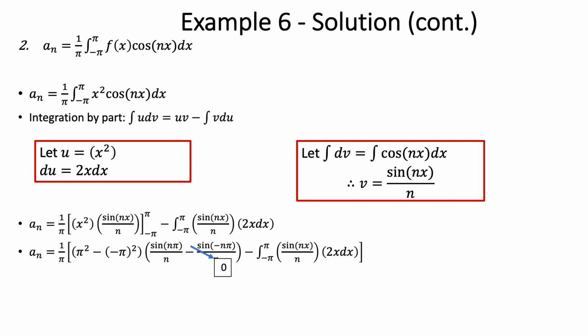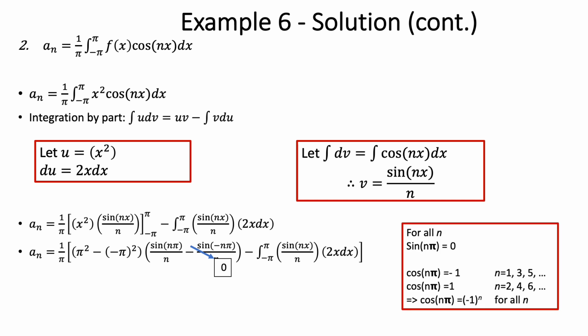If you substitute the value, we have the first term will be 0. Therefore, an equal 1 over pi times minus integral minus pi to pi sin nx over n 2x dx.